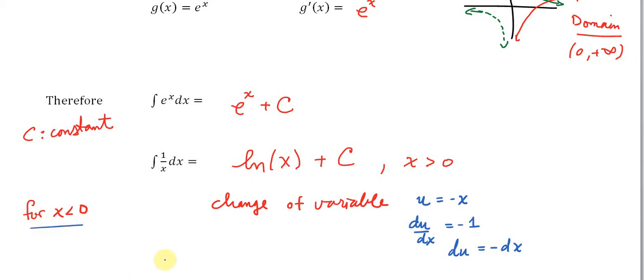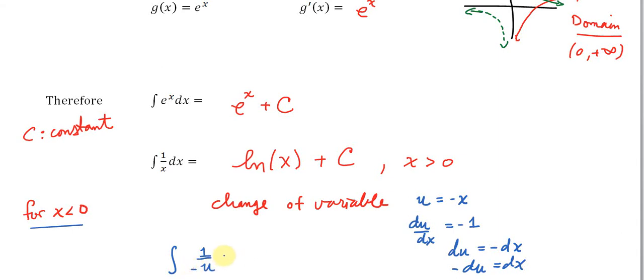Now we can take the second part of this problem. When x is a negative number, we have the antiderivative of, instead of 1 over x, 1 over u, and instead of dx, we're going to have negative du.